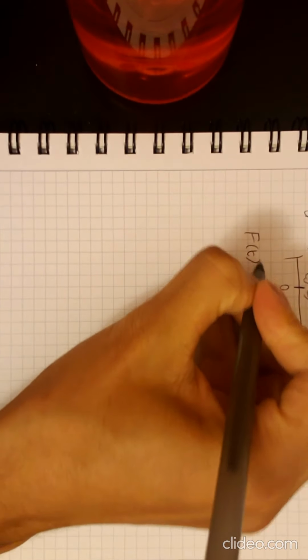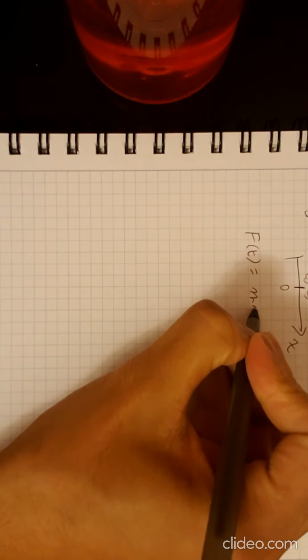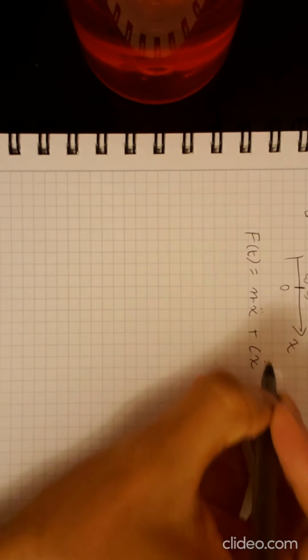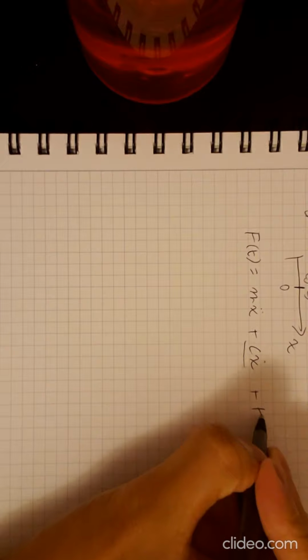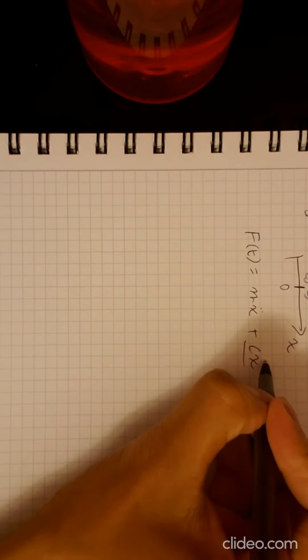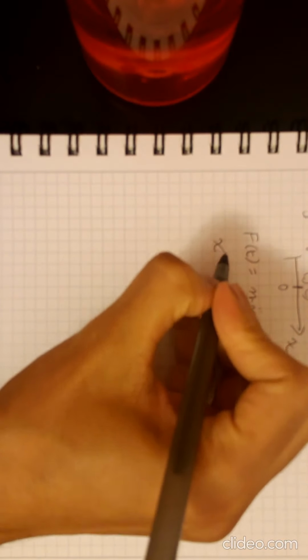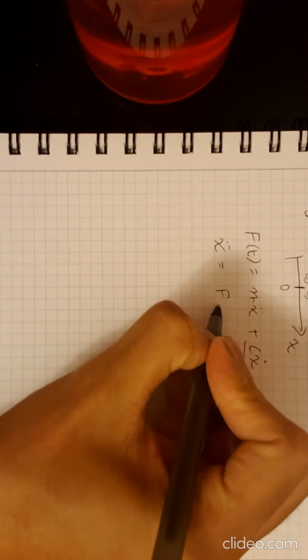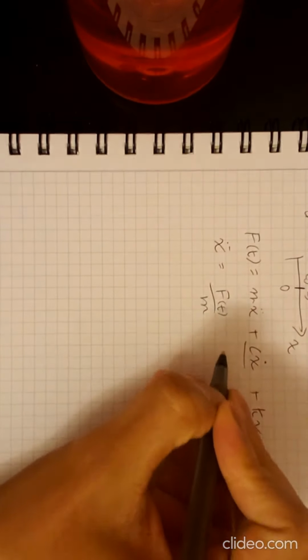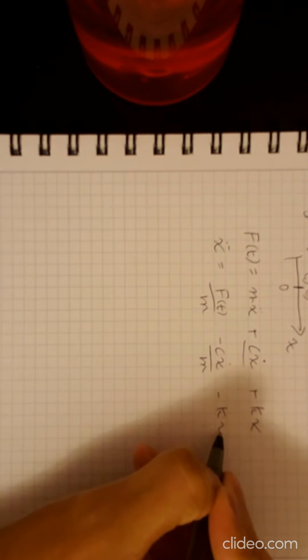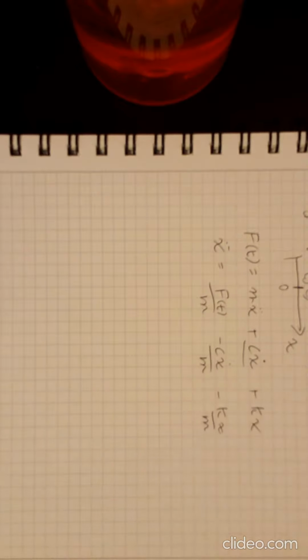I can write the equation of motion as f of t is equal to m x double dot plus the damping force, plus the spring force that's acting on this mass. I can even rearrange this and write it as x double dot is equal to f of t over m minus c x dot over m minus k x over m.